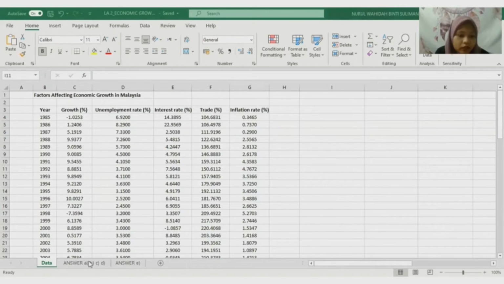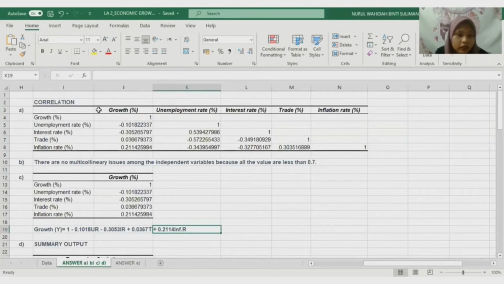For the answer to question A, we can see there is a correlation. As we know, the higher the correlation value from -1 to +1, the stronger the relationship between the variables. A rule of thumb used by experts is that an absolute value of more than 0.7 or 0.8 may imply multicollinearity.